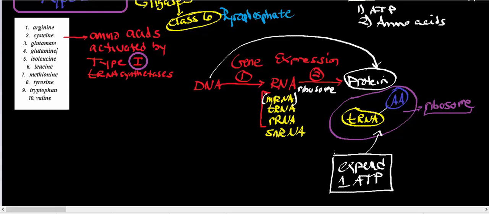The reason you have to burn the ATP has nothing to do directly with the ribosome. It has to do with the fact that the ribosome has a requirement for using the amino acid while it's bound to the tRNA. And the way you make this linkage right here is to expend an ATP, and that's through the mechanism of aminoacyl tRNA synthetase.